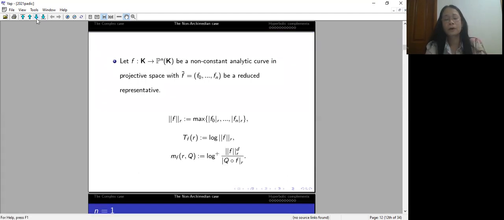So similar to the complex case, we also define the characteristic function, proximity function, and counting function. The counting function is exactly the same as in complex K. For the characteristic function, it's a little bit different only because the norm here is different.